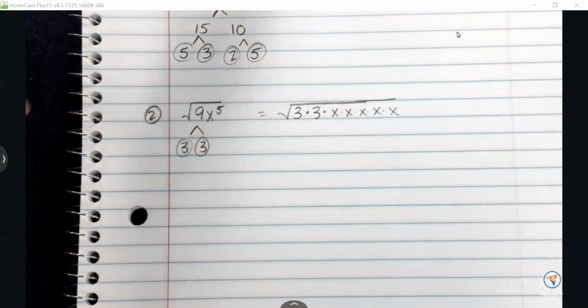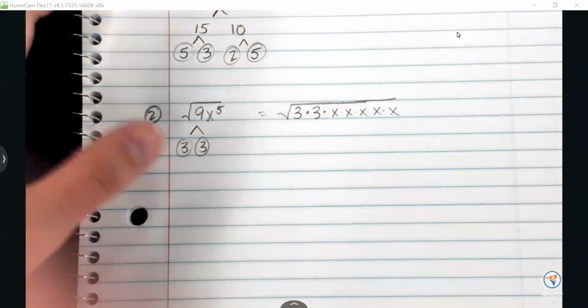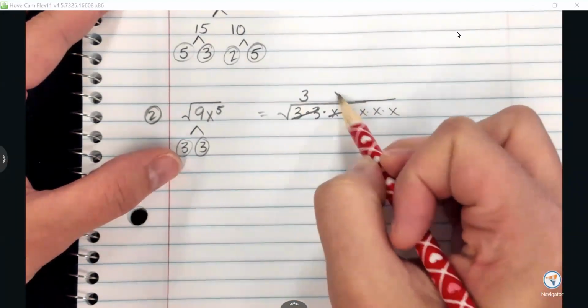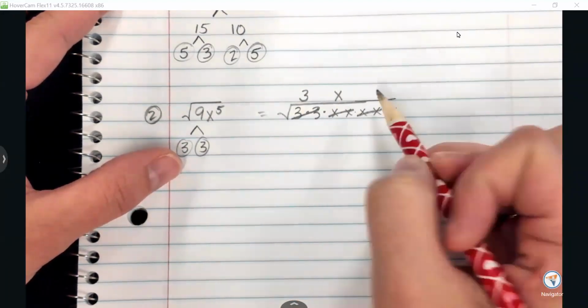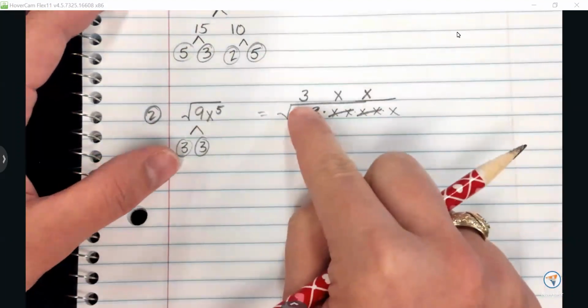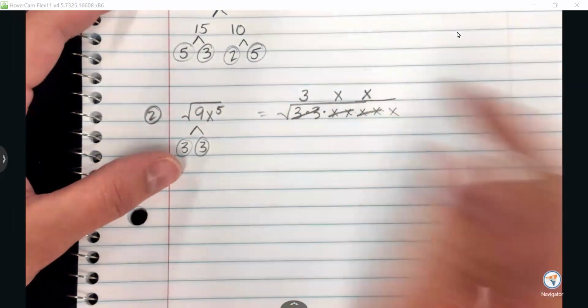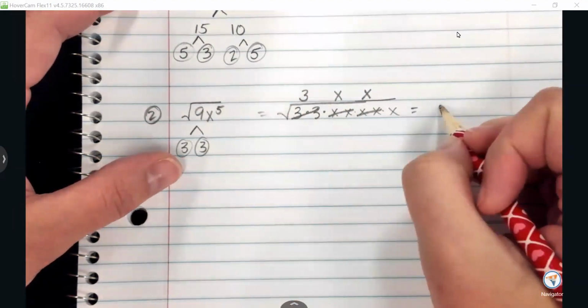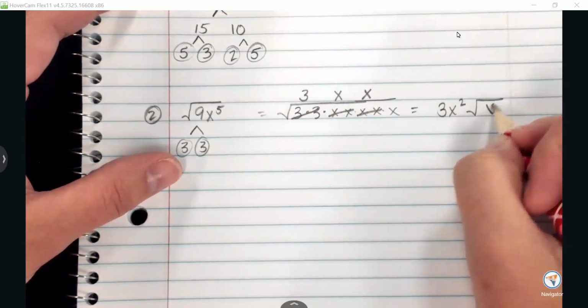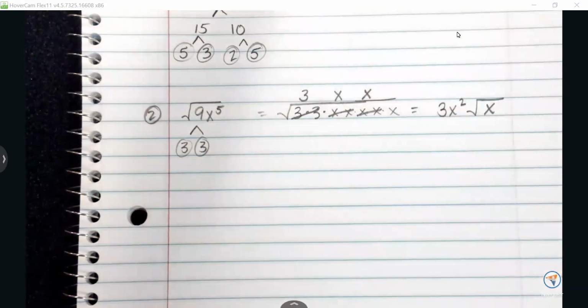I need groups of how many to take out? So I can take out a group of 3. I can take out an x. I can take out an x. So on the outside, I have 3 times x squared, square root of x.